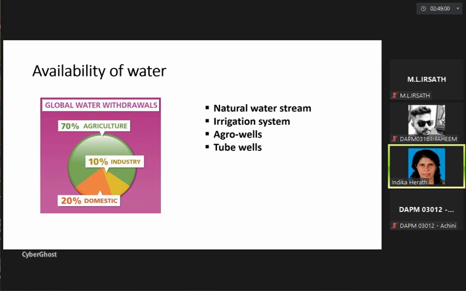So sometimes we use groundwater using agro wells and sometimes tube wells. Those are used to extract water. When we talk about extracting water, how efficient is our system?